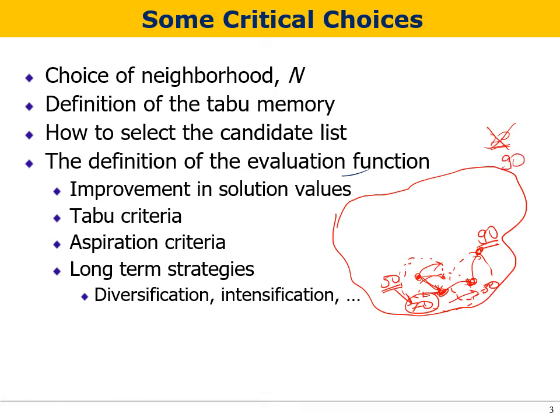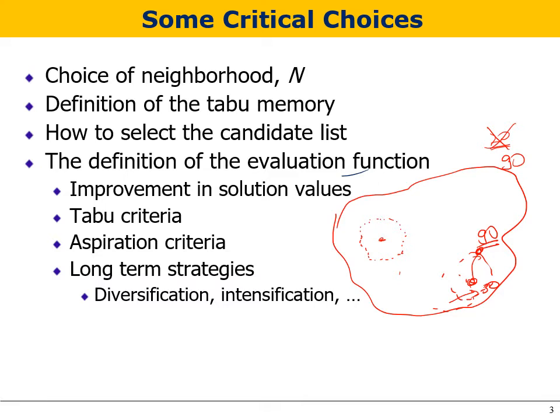Okay, so the question about selecting these candidates is this. Sometimes with some definitions of neighborhood, if you start from this solution and try to generate all neighbors, there may be hundreds and thousands of neighbors, and it will be very difficult to generate all of them and evaluate their objective function values. It will take time. For a heuristic, you have to remember this: we want it to be quick, and we want it to find a good solution in a short amount of time.